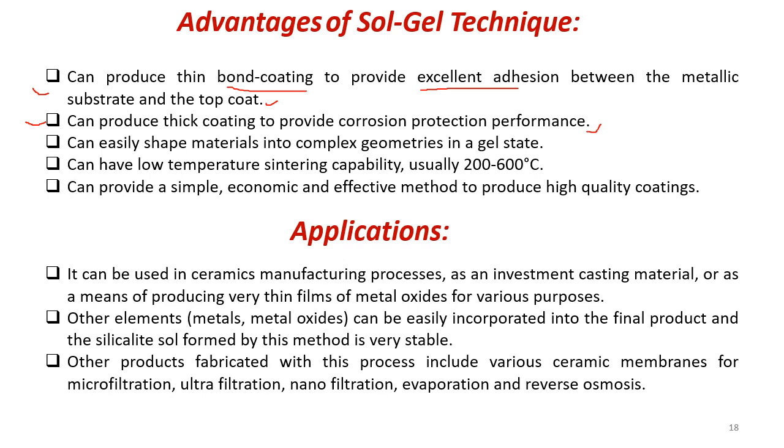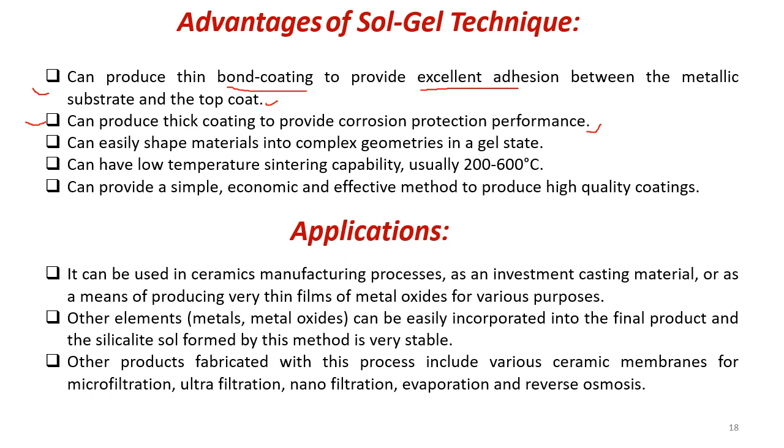Using this technique we can see some use in glazing of glasses. This technique is also used for anti-reflective glazing glasses. For ultraviolet ray protective glasses, we see this type of technique which can provide coating.